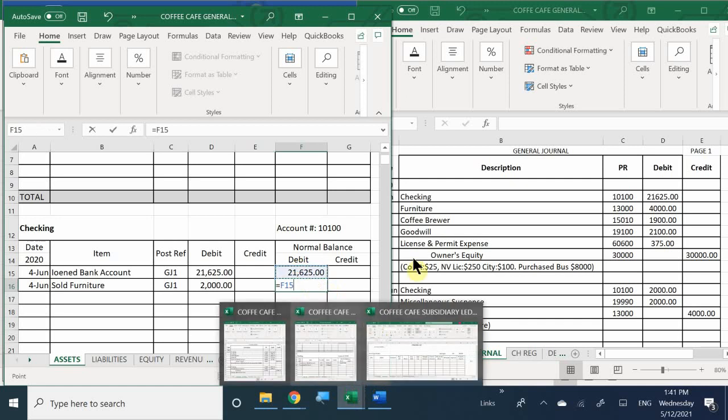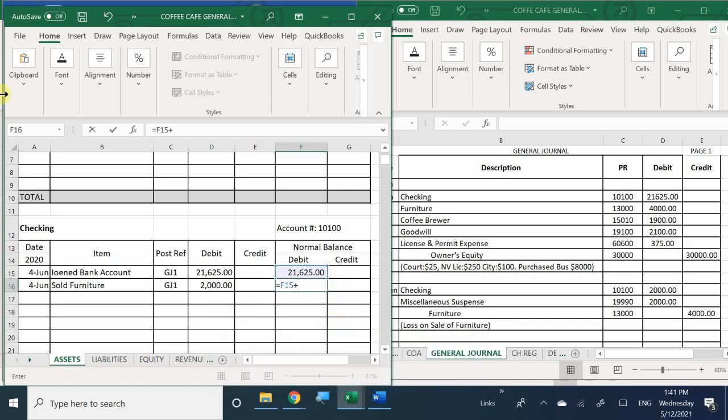You're going to add any debits in that same row, and subtract any credits in that same row. Then you're going to enter. And what you notice here is it automatically recognized that I have a debit account in here.